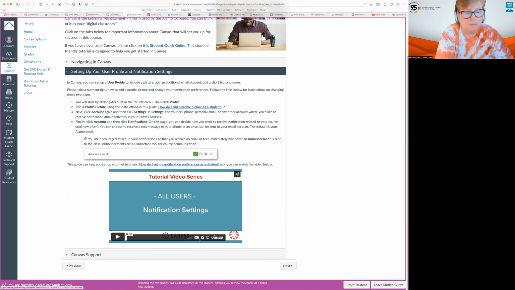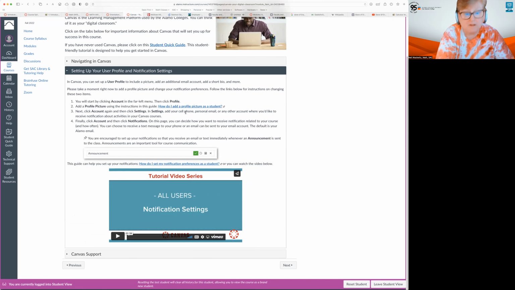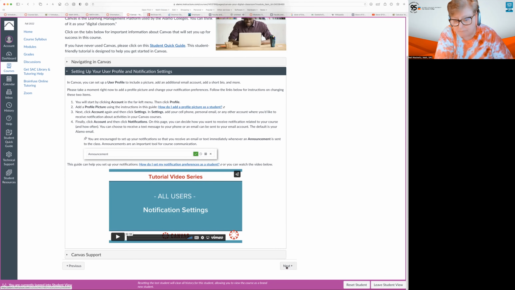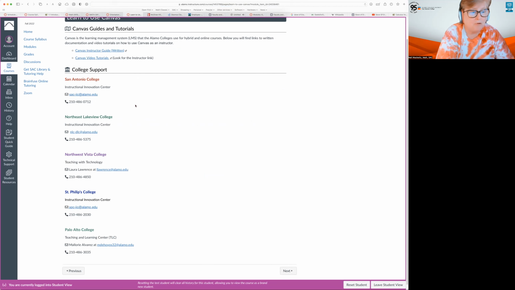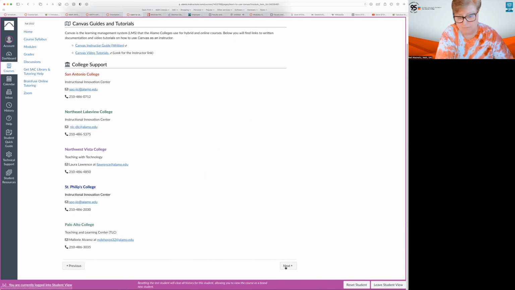This second little tab tells you how to update your profile and your notification settings. That's part of what you'll do this week. Here's some more information about Canvas if you want it, and the support numbers for all the colleges.